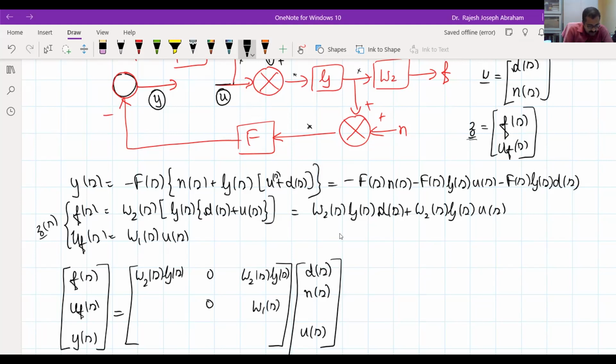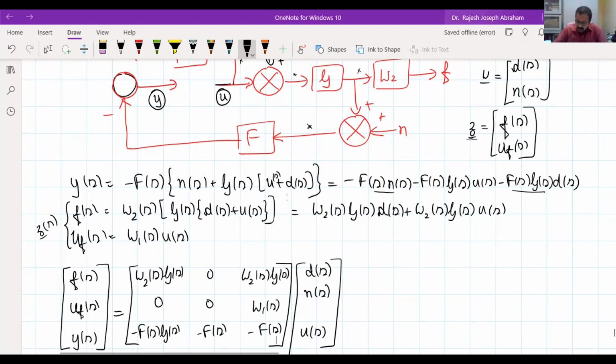Both remaining two terms are 0 in that row. Then corresponding to Y(s), we have minus F(s) G(s). Then corresponding to noise, we have minus F(s). And we have a term minus F(s) corresponding to U(s).